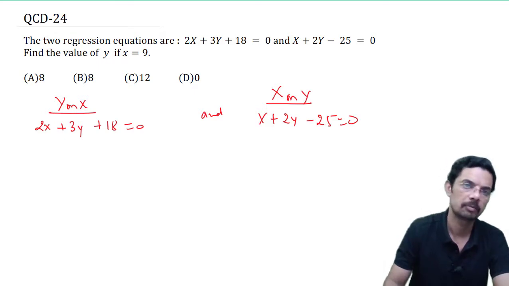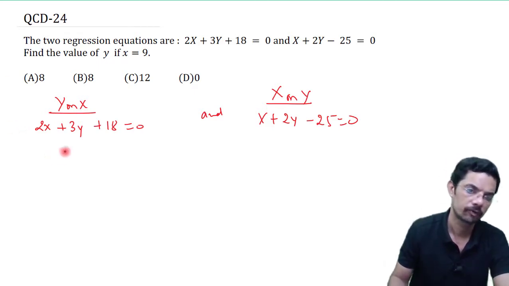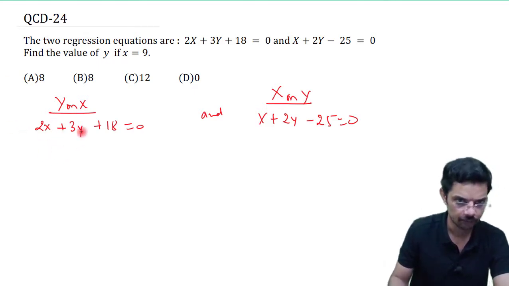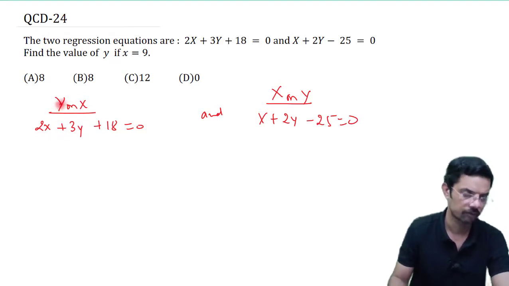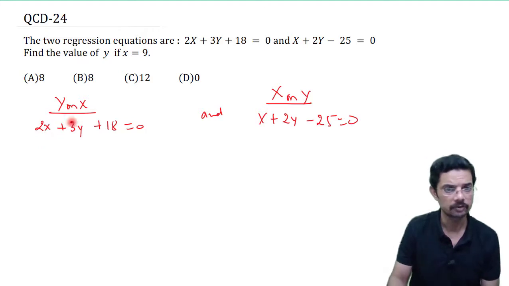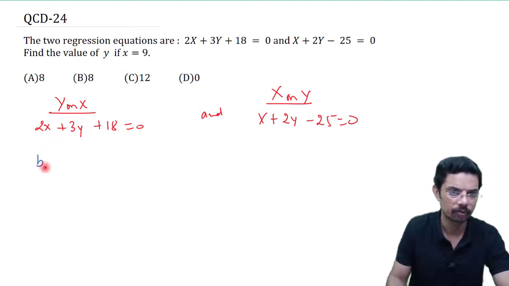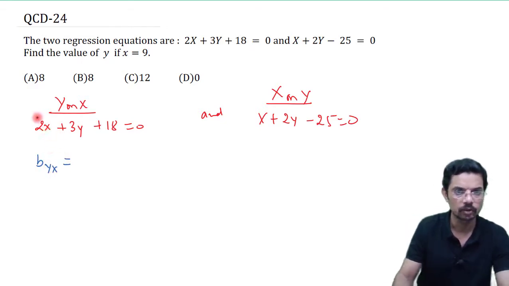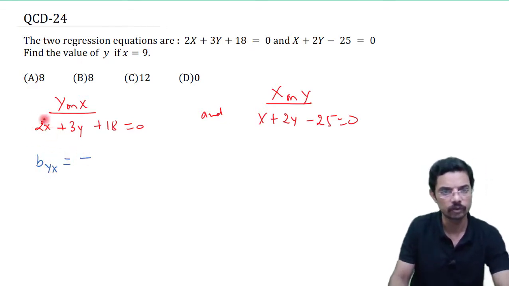So therefore, what will be the regression coefficient of y on x? Look here, this is a shortcut. b of yx will be given by minus coefficient of x divided by coefficient of y.